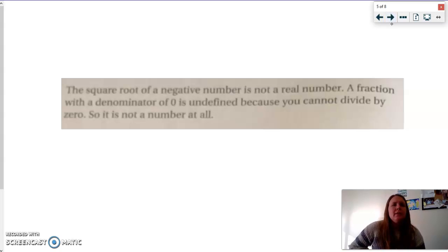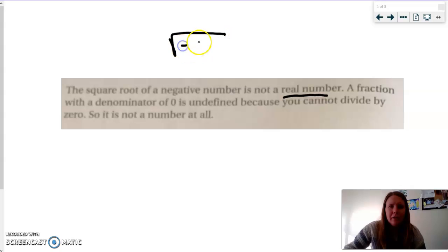So the next part says that the square root of a negative number is not a real number. Oh, hey, we talked about the set of all real numbers. They're telling me if I took the square root of maybe like -5, it's not a real number? What? So as you get a little older in math here, and we're not necessarily going to completely cover it here, there's a thing called imaginary numbers.